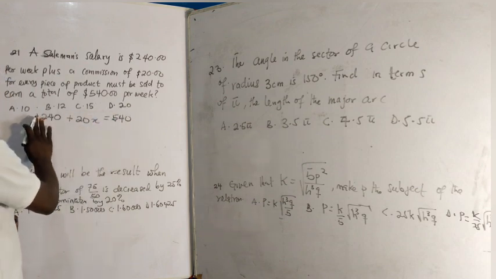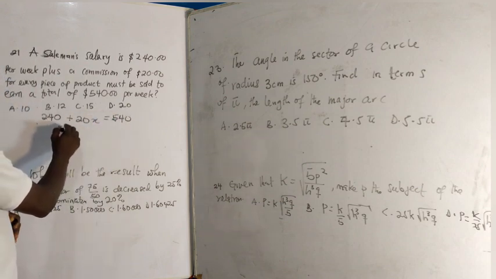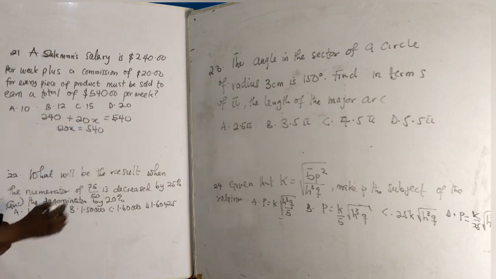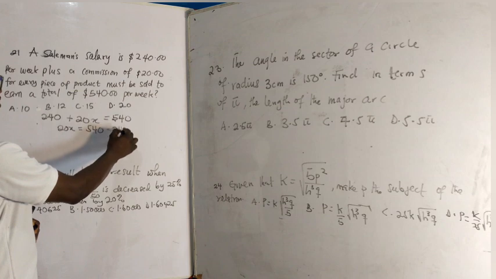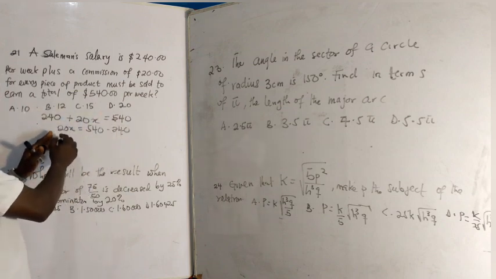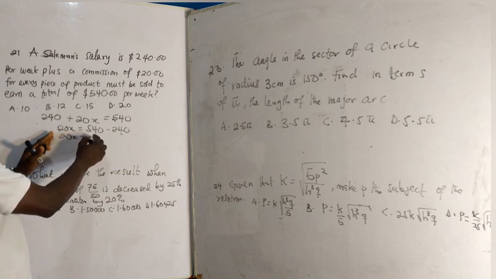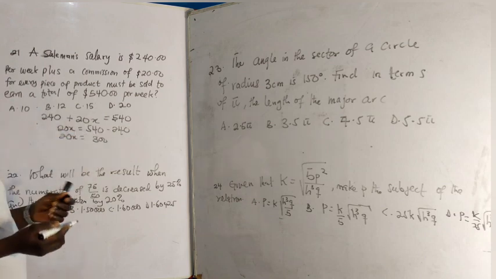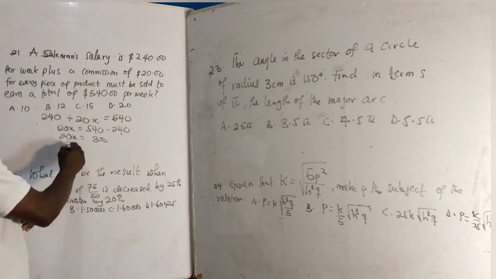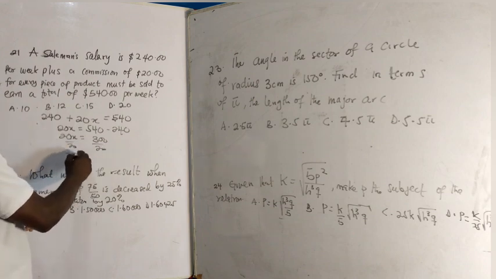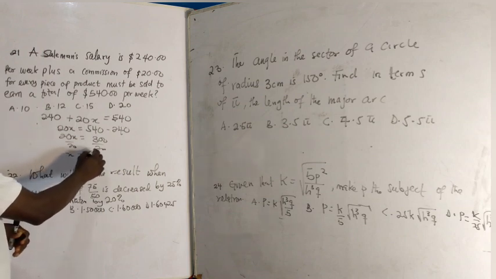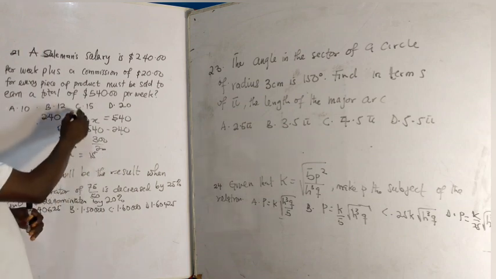Now let's do the arithmetic. 20x is equal to 540 minus 240. When you do the arithmetic, we have 20x is equal to 300. Dividing both sides by 20, we have x is equal to 15. So our answer is C.